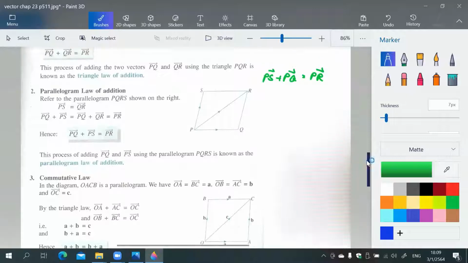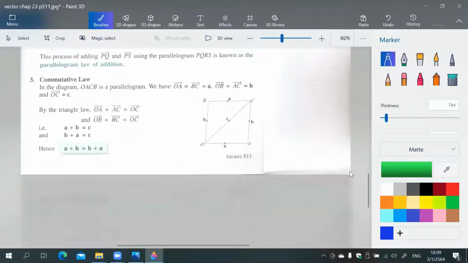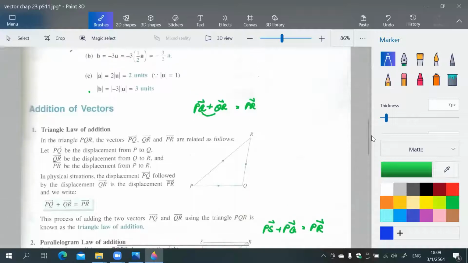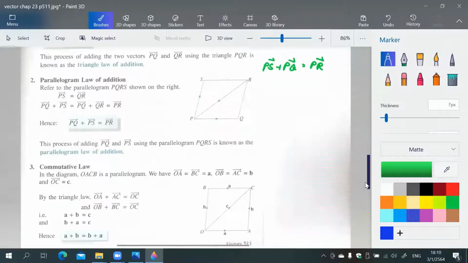Okay, now we go to the next one. The next definition is the commutative law. This one is the most popular. It's similar to the first one. We just do the triangle law of addition, almost a similar idea.